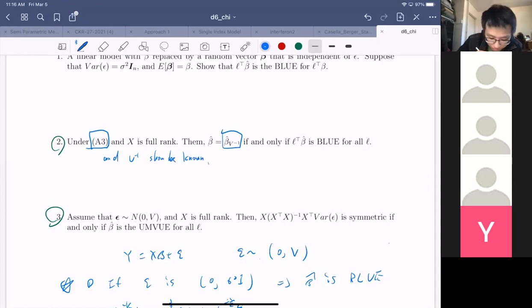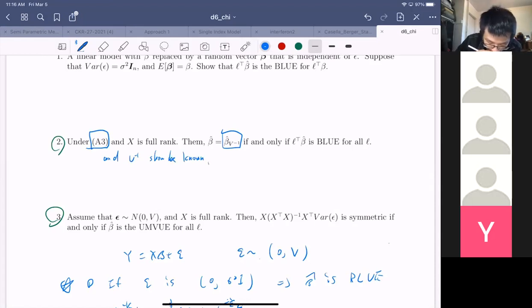So for problem 2, is the argument just that the weighted least squares estimator is the BLUE, and so if the non-weighted least squares estimator is the BLUE, then it has to be equal to the weighted least squares estimator?